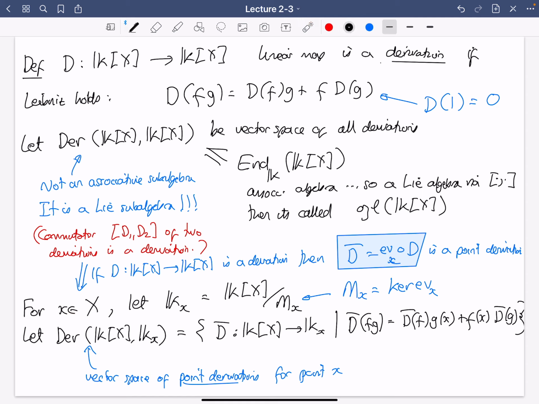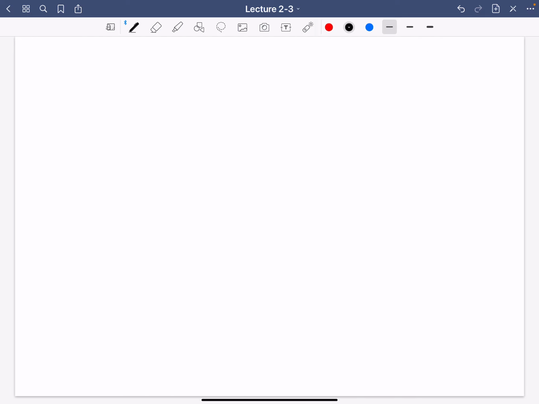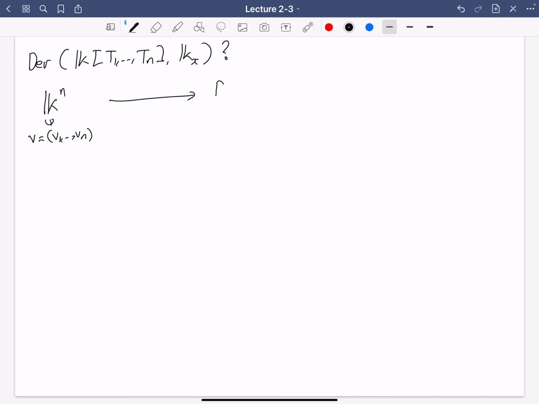Okay, so let's think about what these point derivations are. Let's start with the whole polynomial algebra and see if we can understand what this vector space of point derivations on the polynomial algebra is. So let me see. If you take some vector v in k^n, the v that we had before, that's some n-tuple, you can build out of that a point derivation.